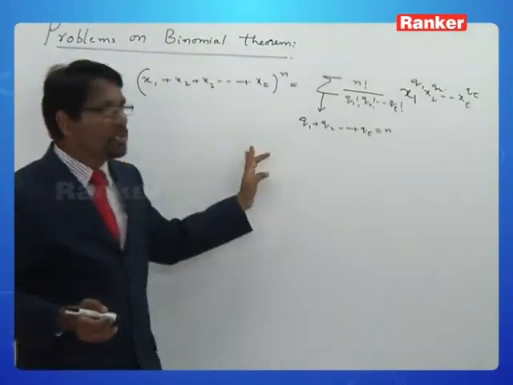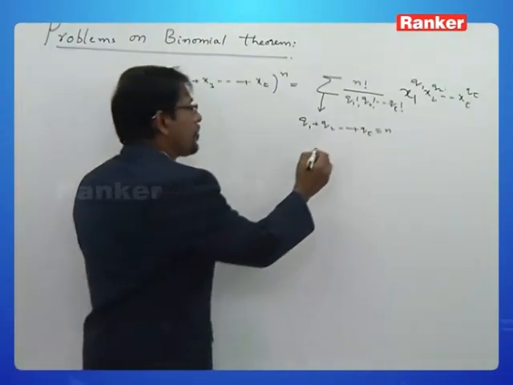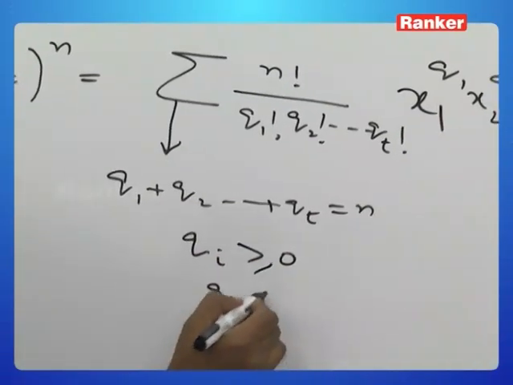That is, corresponding to each way you split, the qi's being non-negative integers.